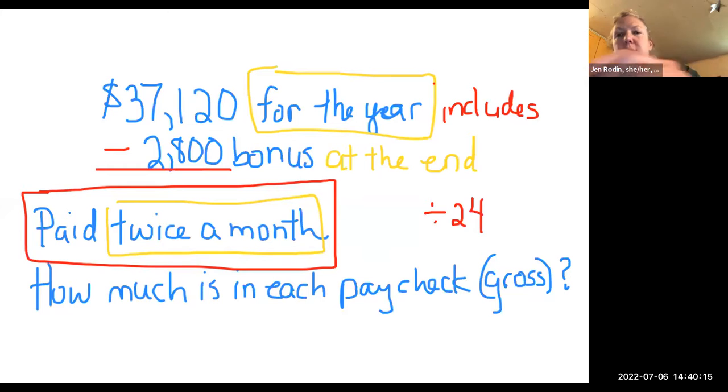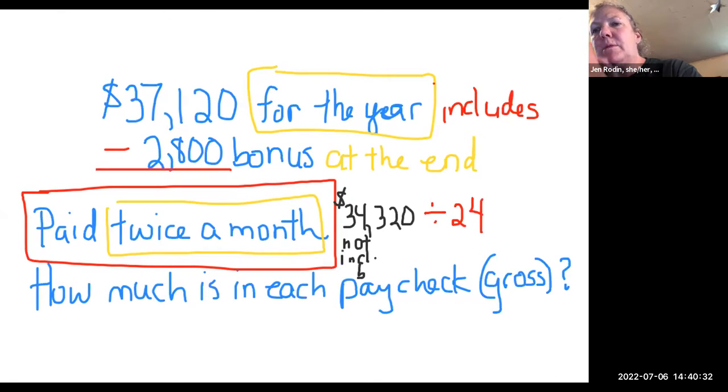So I ended up with $34,320 a year, not including the bonus. Not including the bonus, because they didn't say that the bonus is distributed throughout the year. They just said it's at the end of the year. So I'm going to double check my subtraction and then do a long division, or use a calculator.